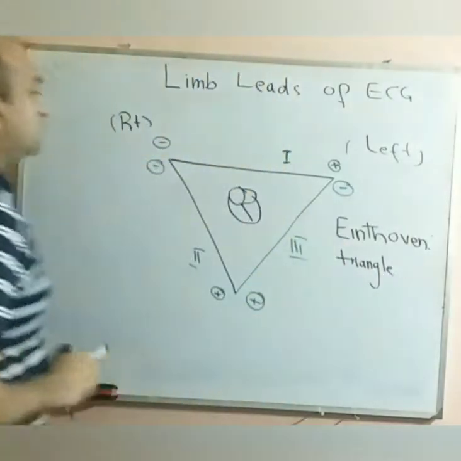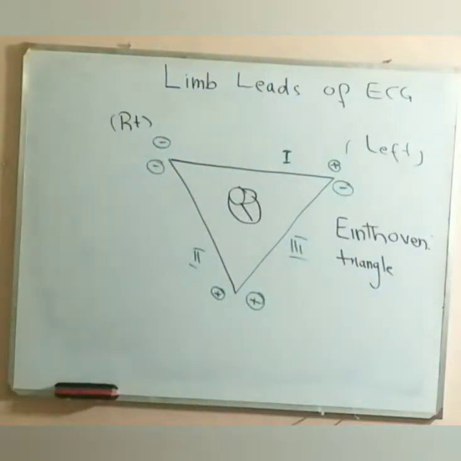Einthoven's triangle. The name of this triangle was given to the great person who in 1903 actually devised this machine which we call the electrocardiogram, and it has revolutionized the medical field, and it has taken the cardiology field to the highest level.